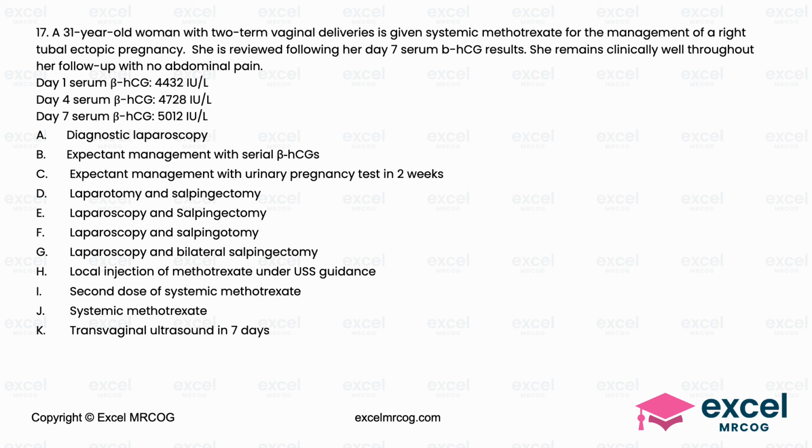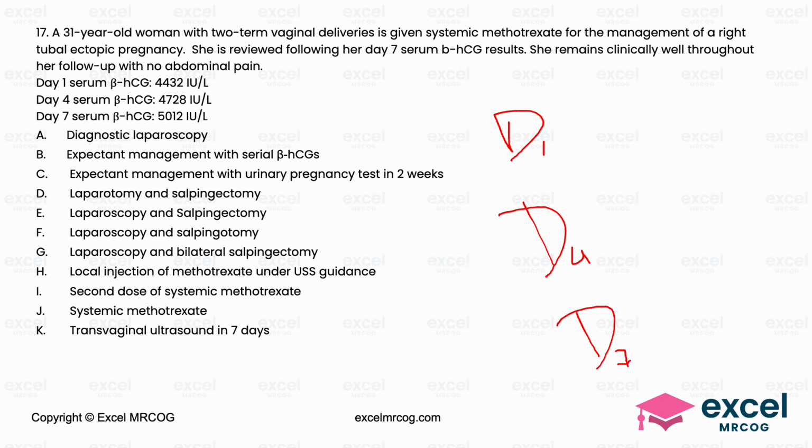So she was given methotrexate, and now the follow-up after methotrexate is always day 1, the day 0 that you are doing when you're giving methotrexate. After that, you do it on day 4 and you repeat beta-HCG on day 7.